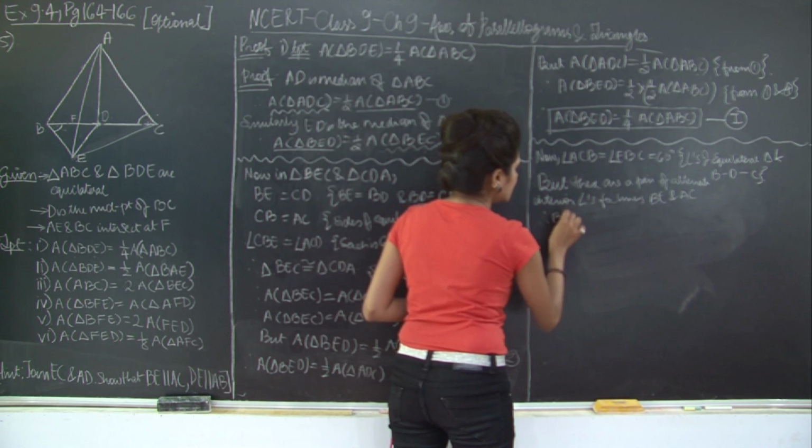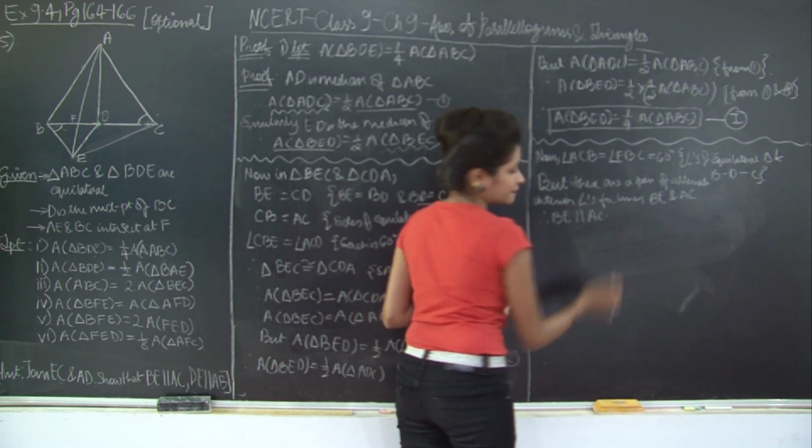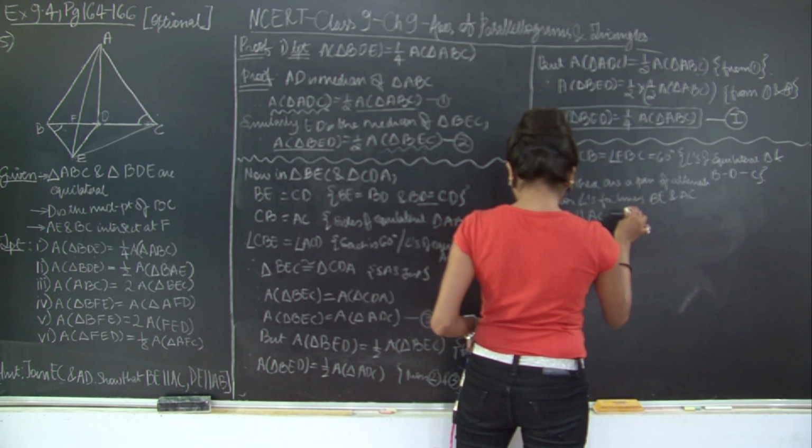Therefore, I will say BE is parallel to AC, and I will mark this as 5.